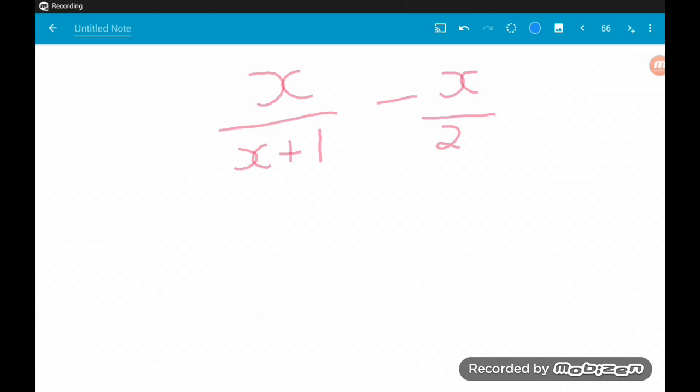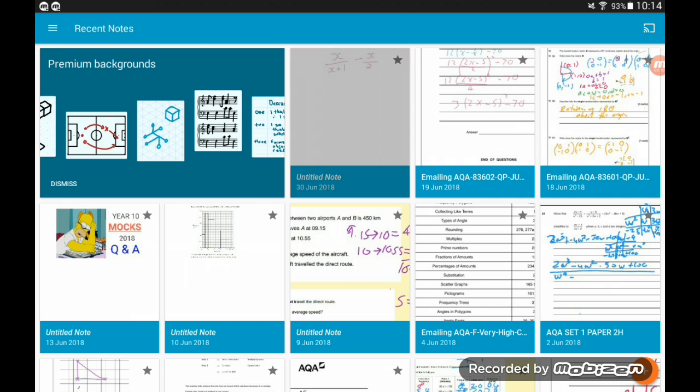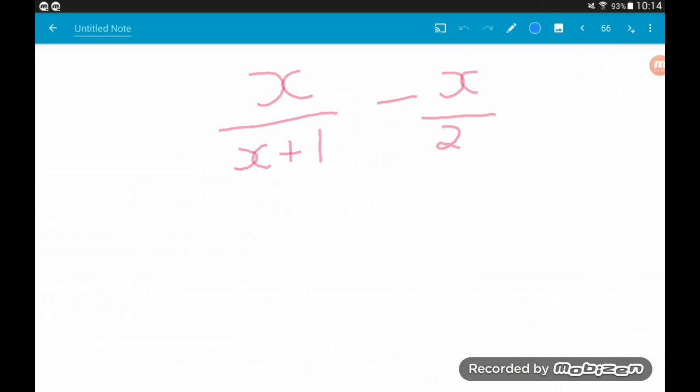Okay, last one for this video. So, x over x plus 1 minus x over 2. Let's get our picnic table in. So we're doing 2 times x, so we get 2x.